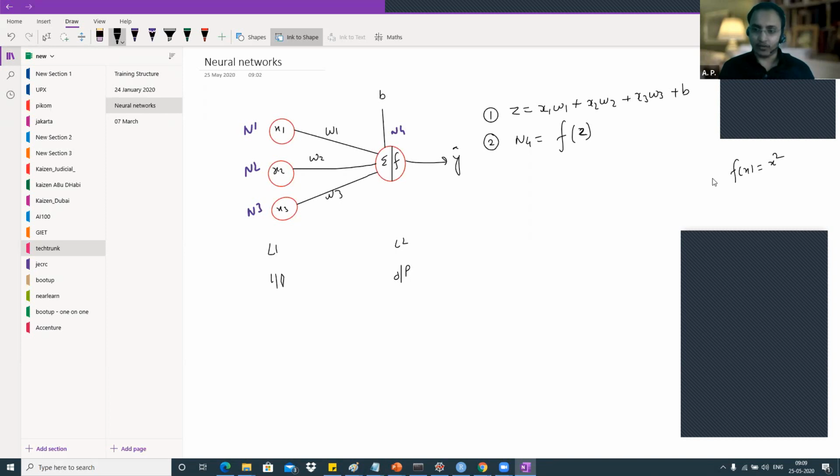So if it is regression, you'll use identity, so f(x) will be the identity function, or it could be ReLU function if you're solving a regression problem with a neural network. f(x) could be sigmoid or tanh function if you're solving a two-class classification with the help of a neural network.